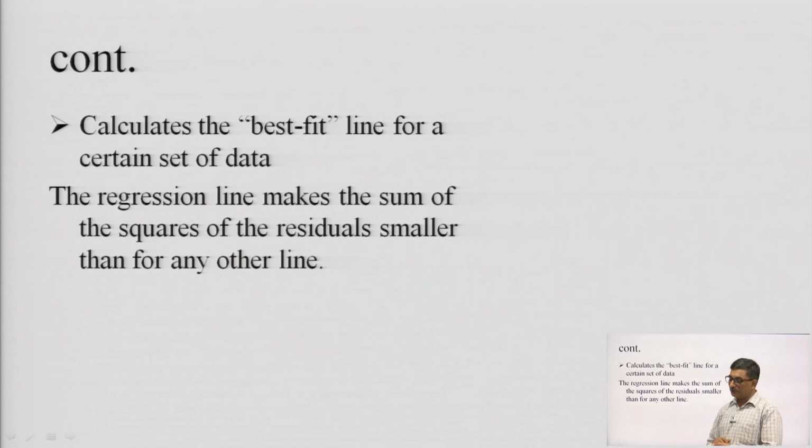To calculate the best fit line for a certain set of data, we minimize these distances, and the regression line makes the sum of the squares of the residuals smaller than for any other line.